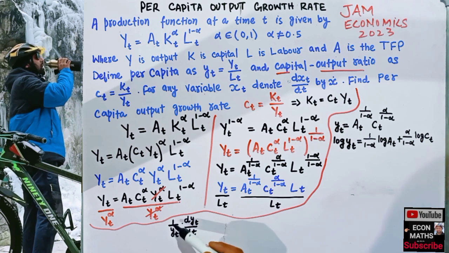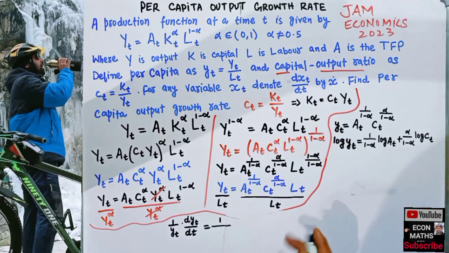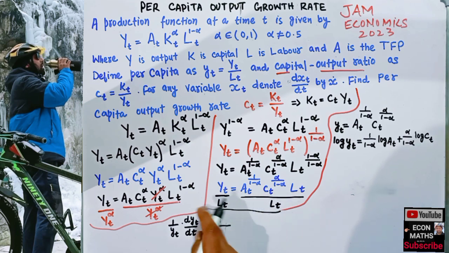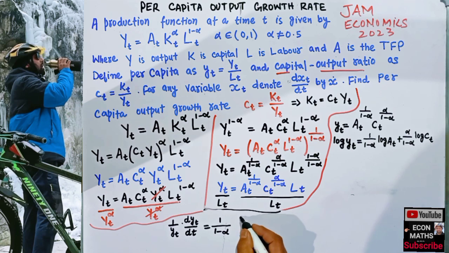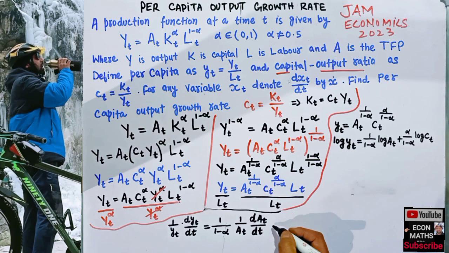Since we have a time function here, we will get dy upon dt is equal to, again we have 1 upon 1 minus alpha. Now what is the derivative of log A_t? Again a simple thing, it is 1 divided by A_t, and then we take the derivative of A_t with respect to time, that is dA_t by dt, plus again we have alpha divided by 1 minus alpha.